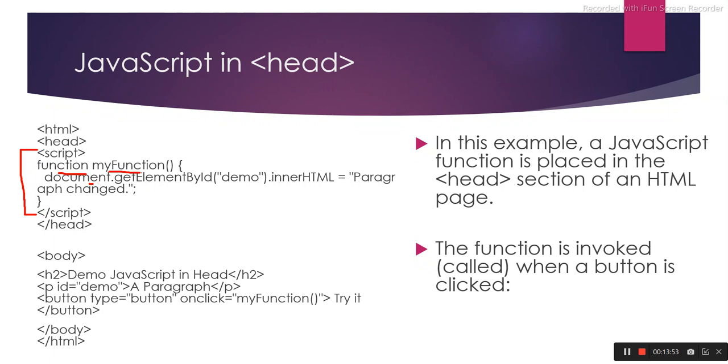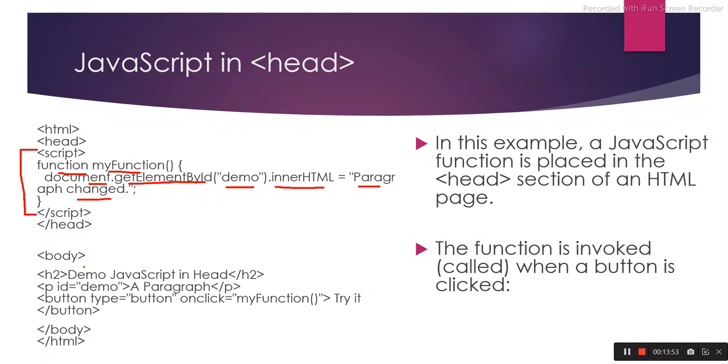Inside this function I am doing document.getElementById demo. getElementById is one function, and with .innerHTML I am trying to change the HTML of the control which has the id demo. Then innerHTML equals "paragraph changed".